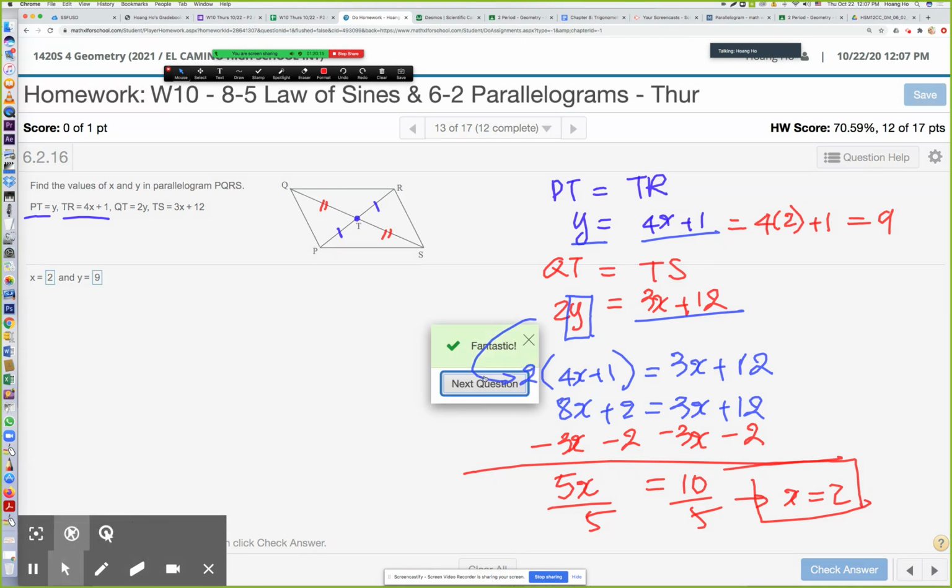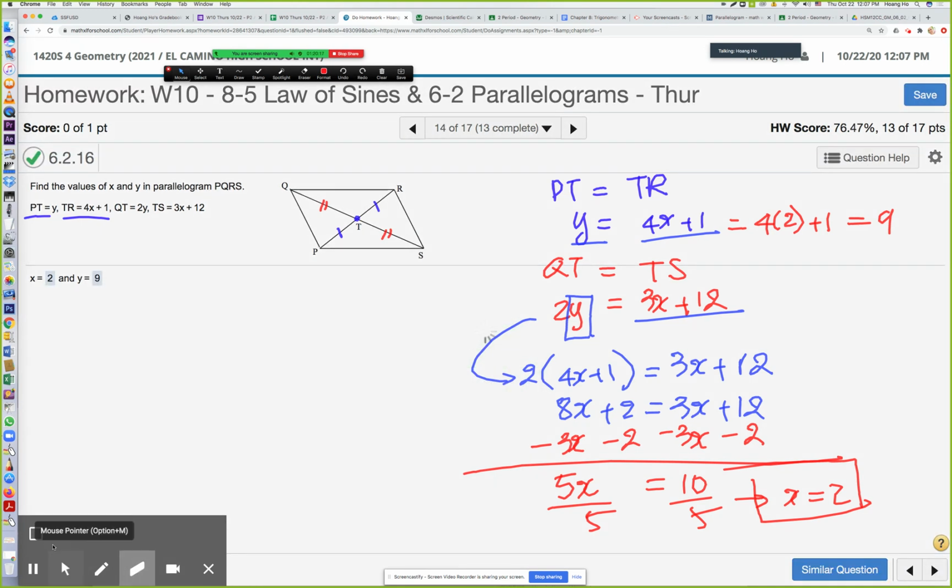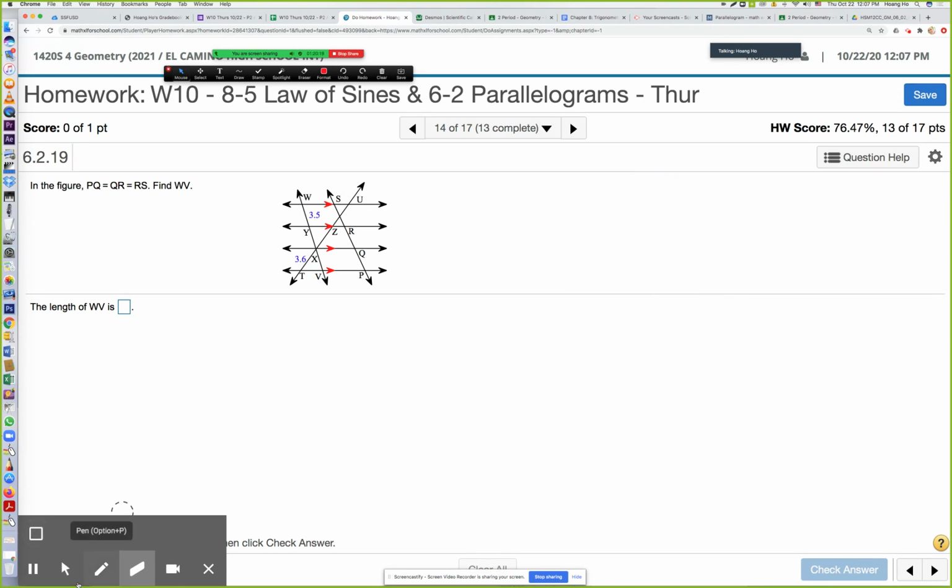All right, next question over here. All right, here we go. You got this set of parallel lines, and they tell you PQ equal QR equal RS. So this set of parallel lines would intersect into equal segments on any transversal.